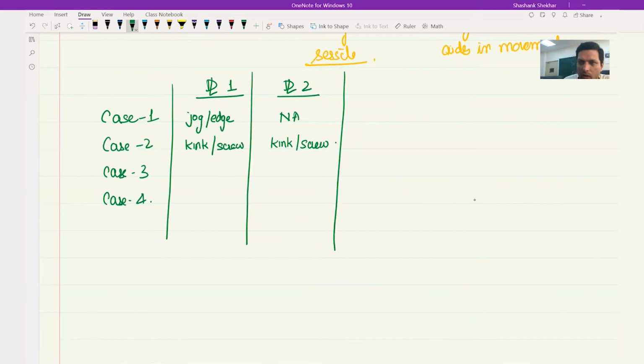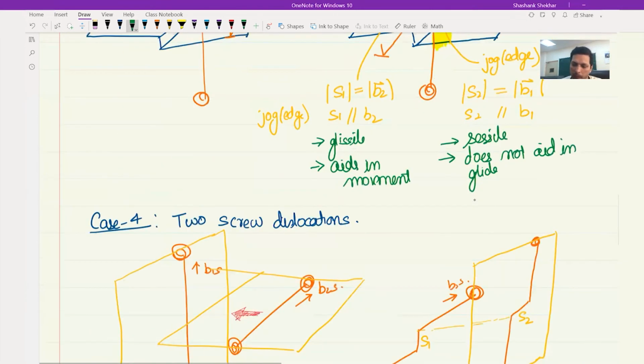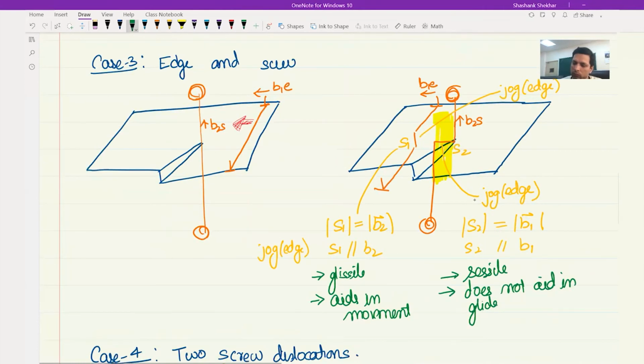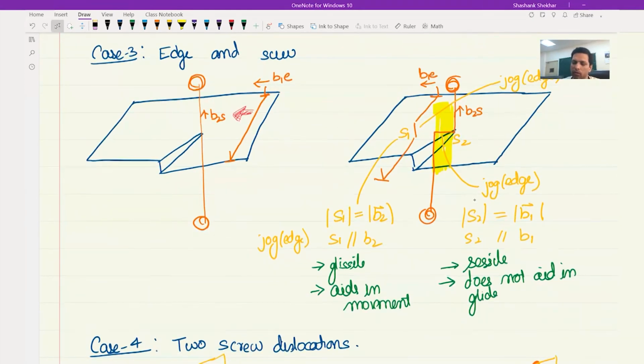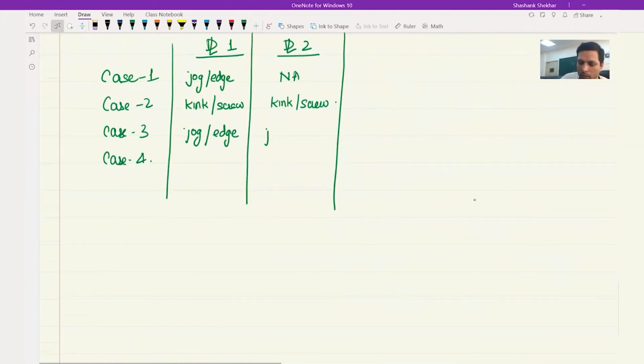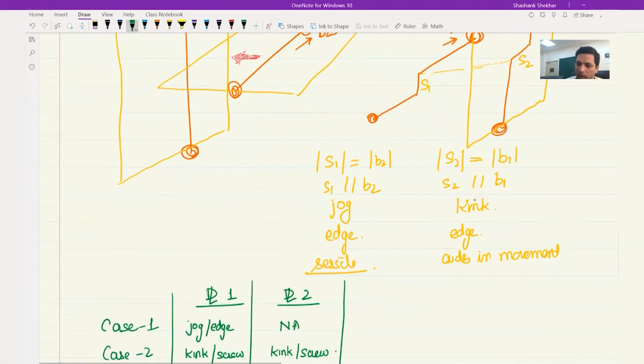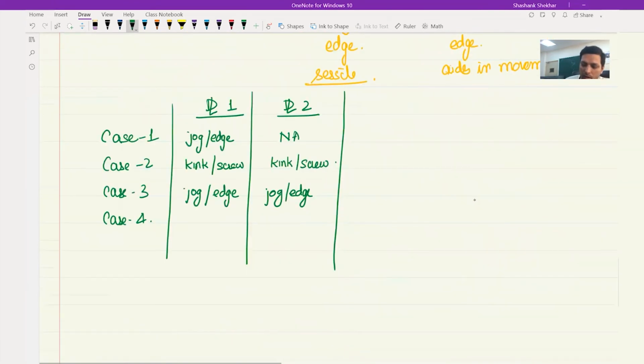For case 3, we saw that it was a jog for dislocation 1 and it has edge character, and for dislocation 2, which was a screw dislocation, we saw it is also jog and edge. For case 4, where we had both screw dislocations, we saw that for the first one it is a jog and edge, and for the second screw dislocation, it is kink and edge.